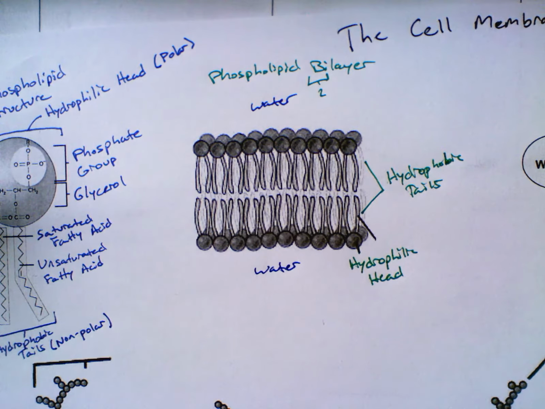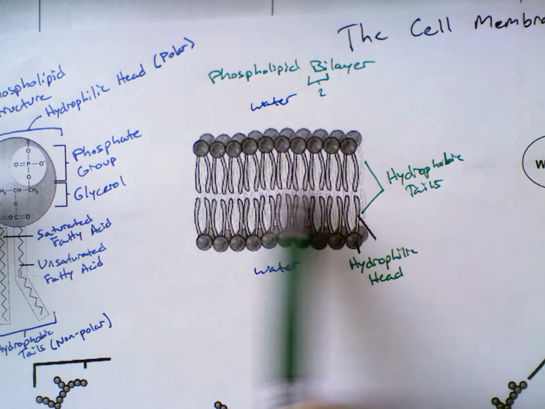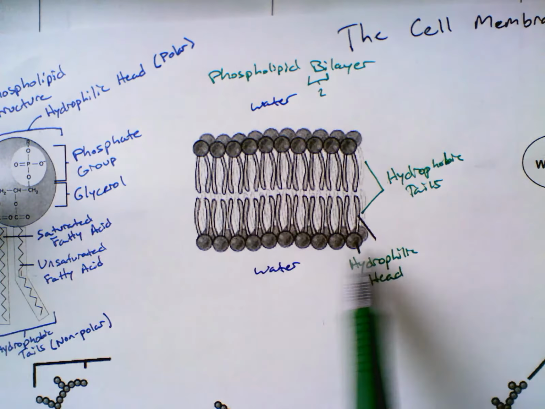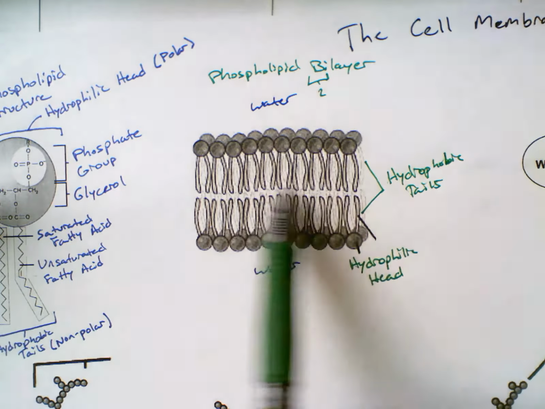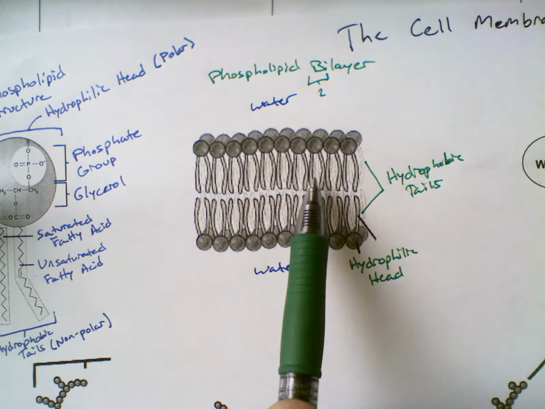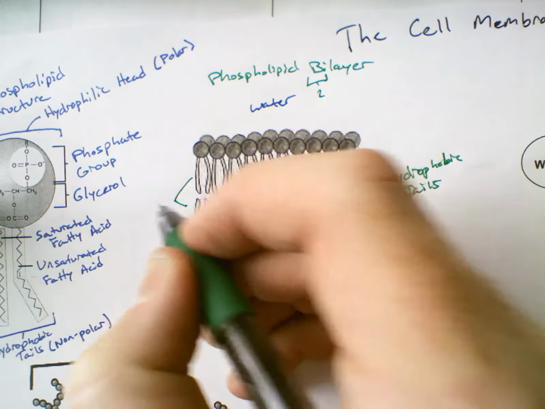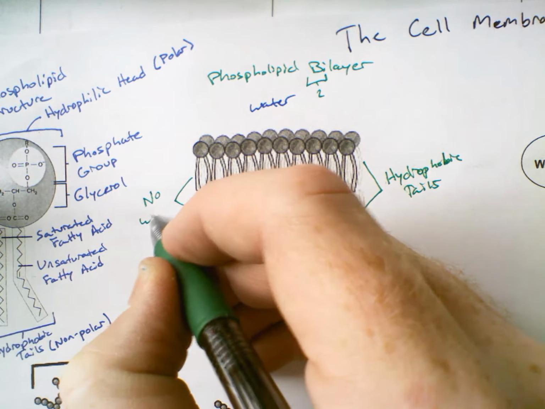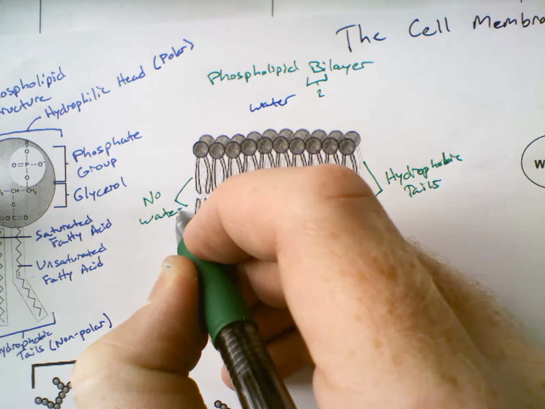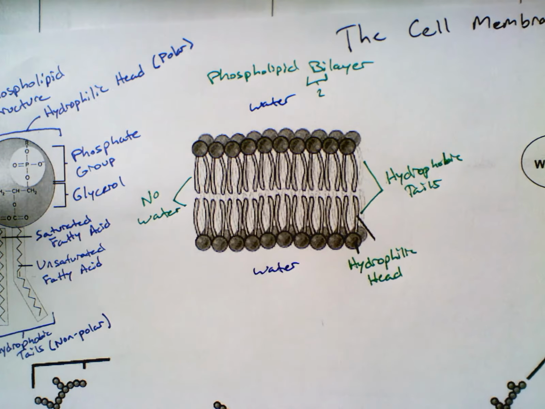And since they don't want to interact with water, they are going to wrap up and move to the inside of the bilayer, where we have the hydrophilic heads protecting the hydrophobic tails on the inside from the water. So there's not going to be any water here in the middle. So no water in there. Okay. So that shows kind of the formation and reasoning behind the phospholipid bilayer.